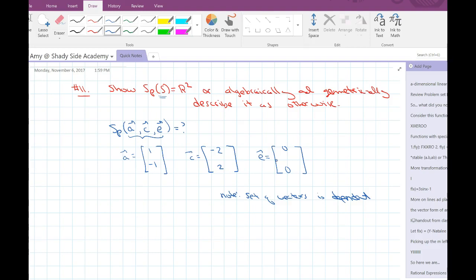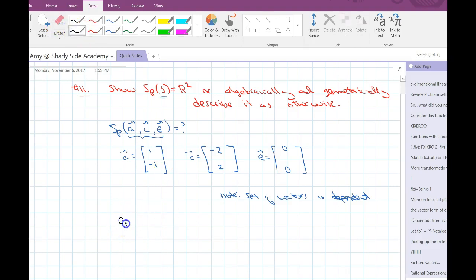So right away, it is clear to me that since all of these vectors are just scalar multiples of each other, they are all collinear. So the span of this set is just the line y equals negative x.